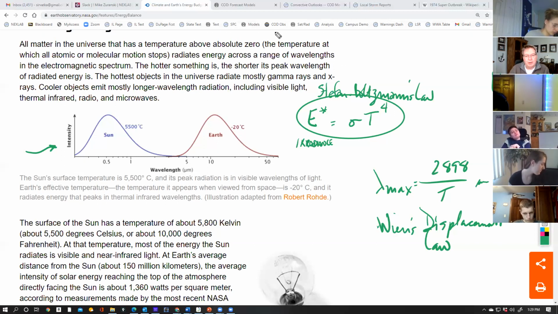Okay. But now you still didn't answer my question. And my question is, how does this graph show me Stefan-Boltzmann's law? What is showing me this?